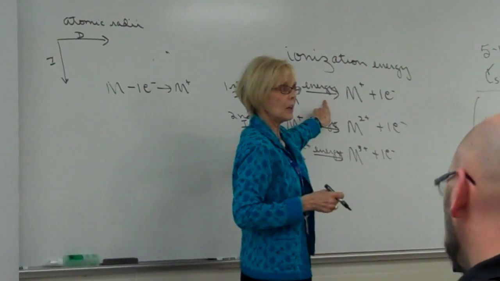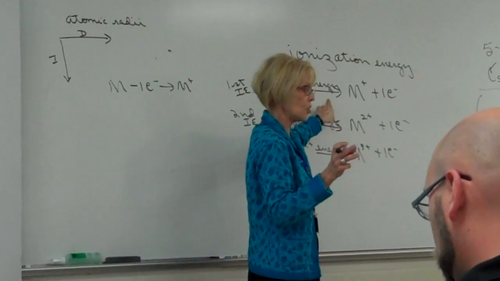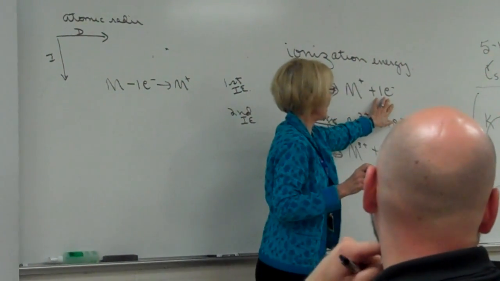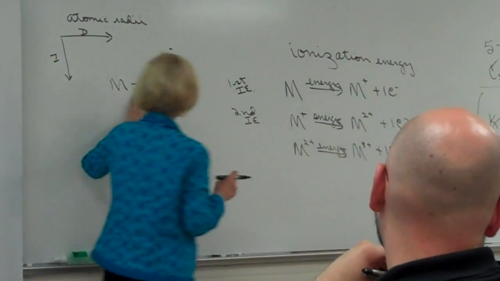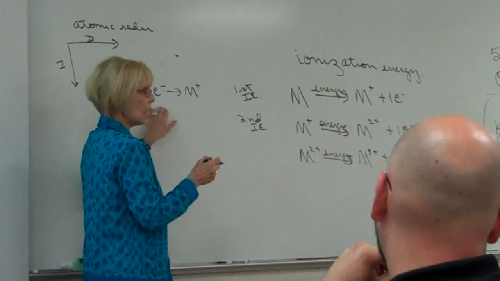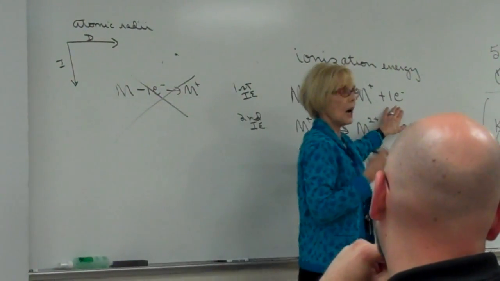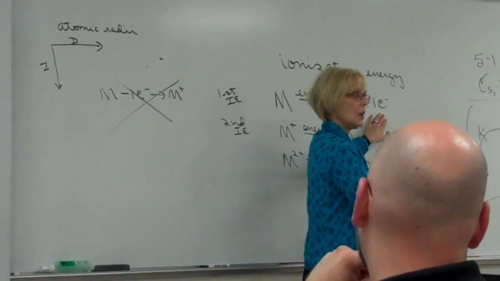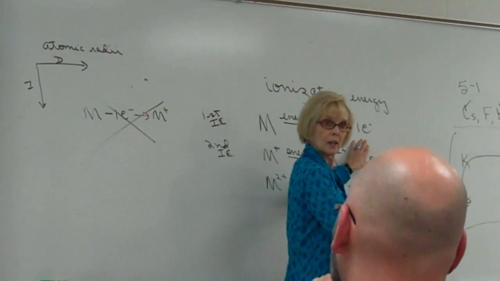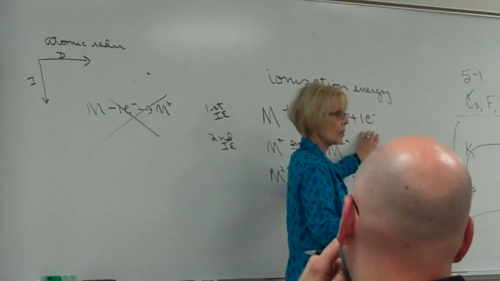If you think about an arrow, it's very similar to equal signs in a math equation. You know you can move things to the other side, and if you've added it on this side, if you move it to the other, then you subtract it. The reason I don't like this, and I'm not going to use it, is because I like to emphasize you get not only this cation, you get an electron as a product that you get to go use someplace else later on. And so I like it this way.